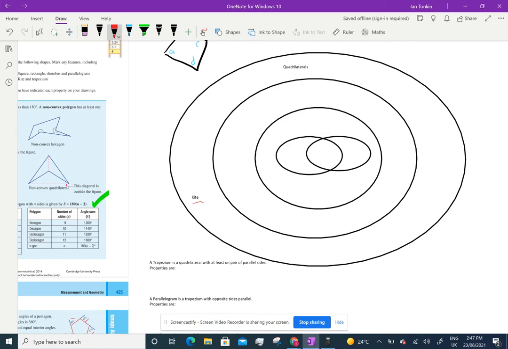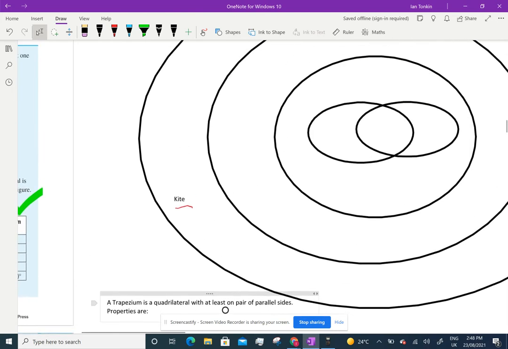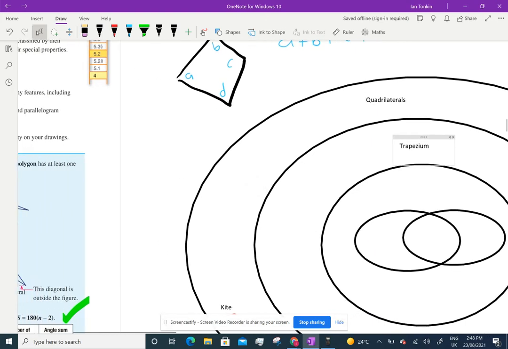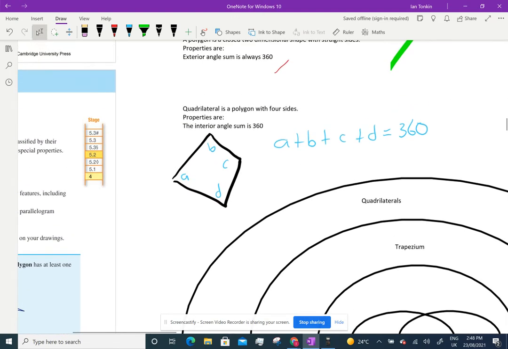So the first thing we're going to do is define a trapezium. A trapezium is a quadrilateral with at least one pair of parallel sides. So that's my first one, a trapezium. And it sits there. Now, I don't need to write any of the properties from up here because it inherits them.